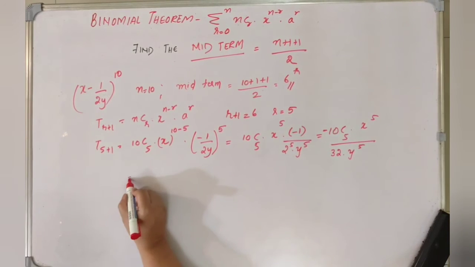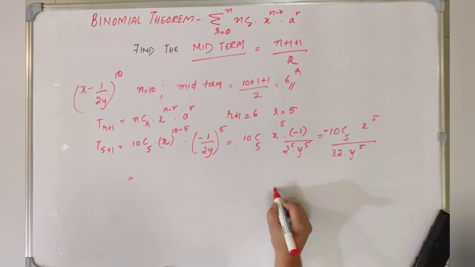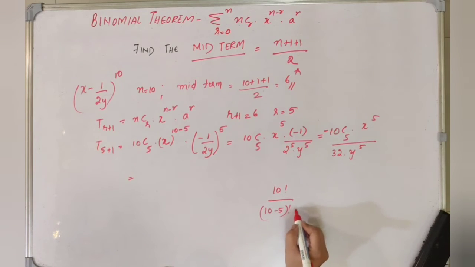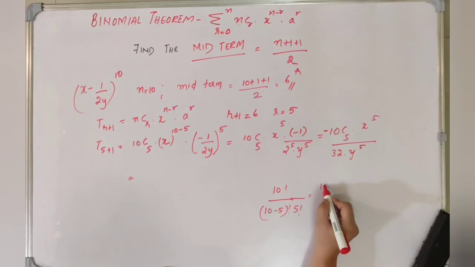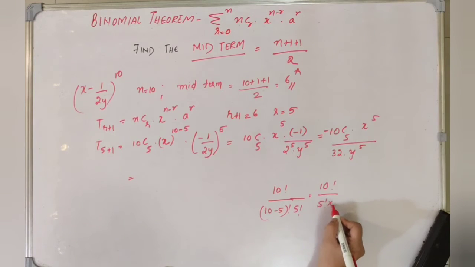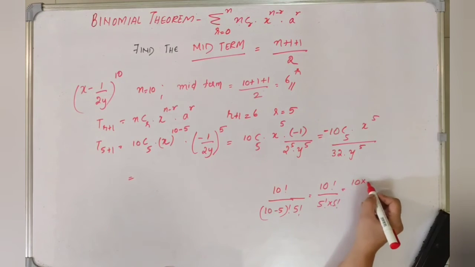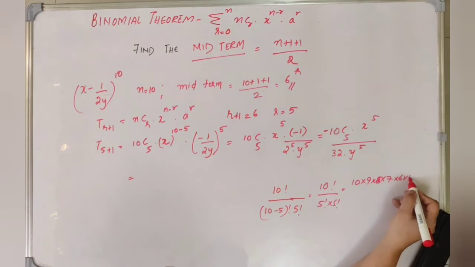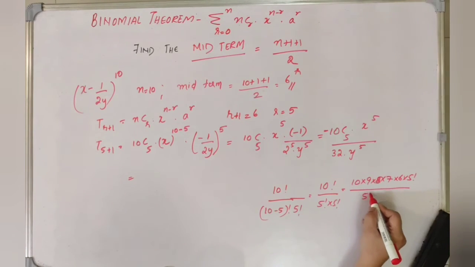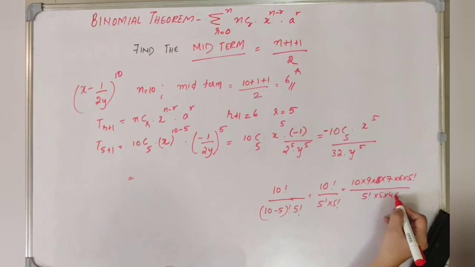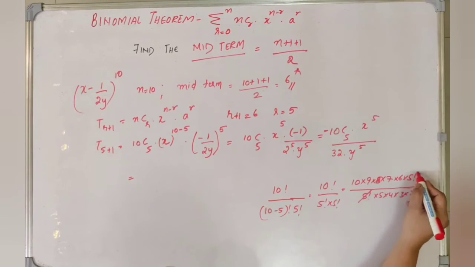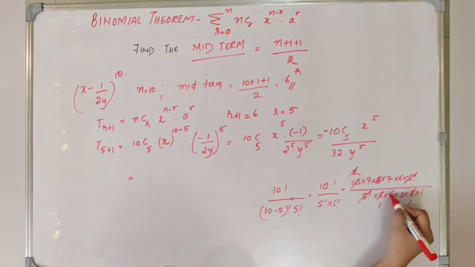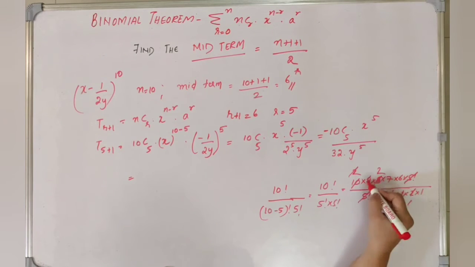So what is 10C5? 10C5 is 10 factorial divided by (10 minus 5) factorial into 5 factorial, which is 5 factorial into 5 factorial. You can write this as 10 into 9 into 8 into 7 into 6 into 5 factorial, and then you cancel the common terms: 5 ones are, 5 twos are, 2 ones are, then the 4 ones are, 4 twos are, 3 ones are, 3 threes are.